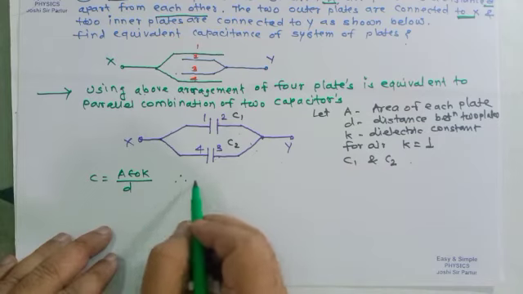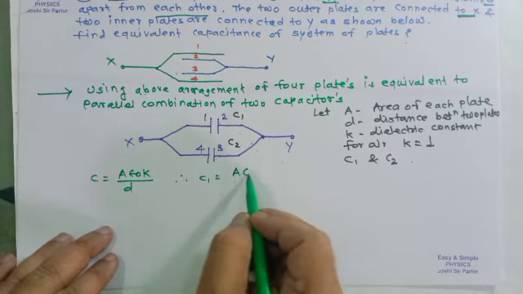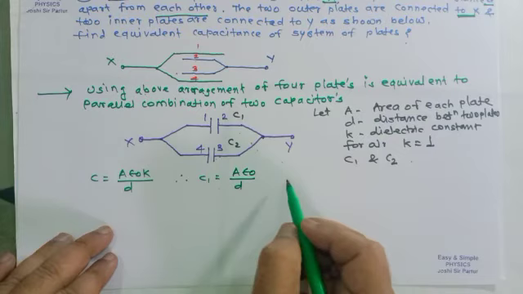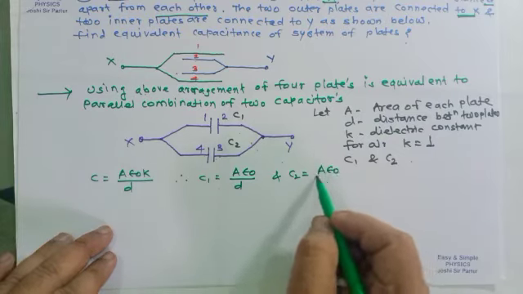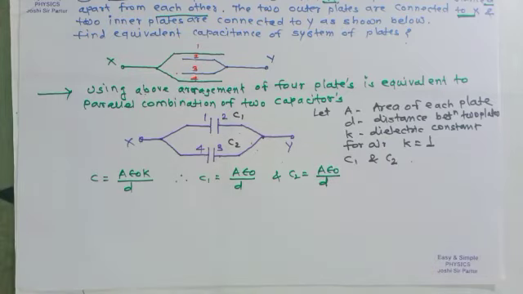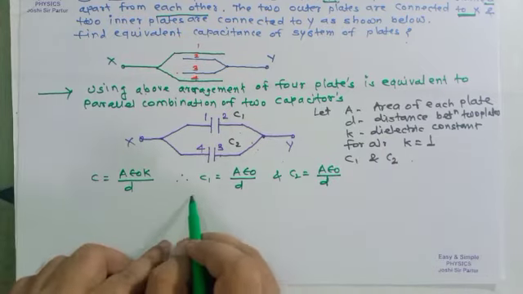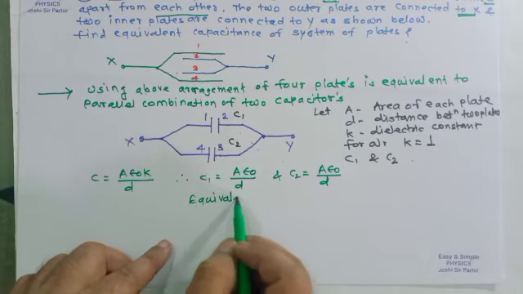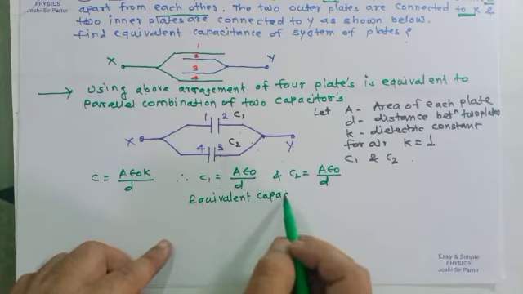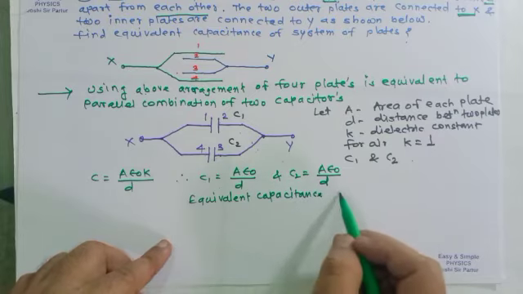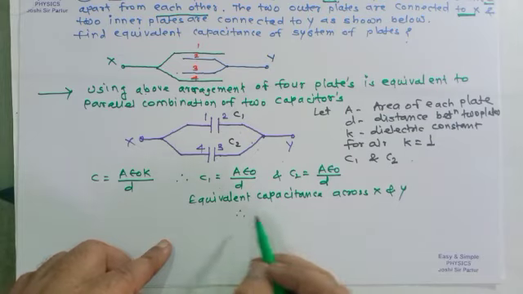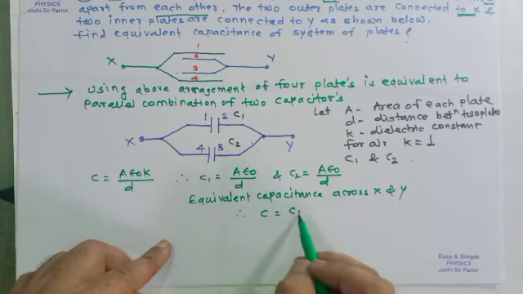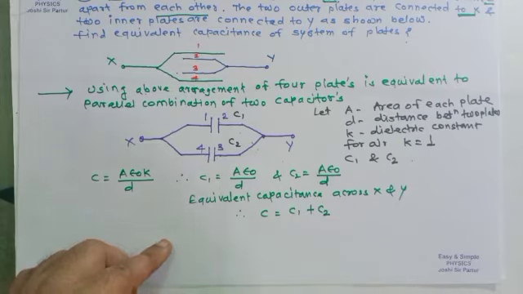So we can write C1 equal to A epsilon 0 upon D, and C2 is equal to A epsilon 0 upon D. So the resultant or equivalent capacitance across X and Y will be C equal to C1 plus C2, because the two capacitors are in parallel.